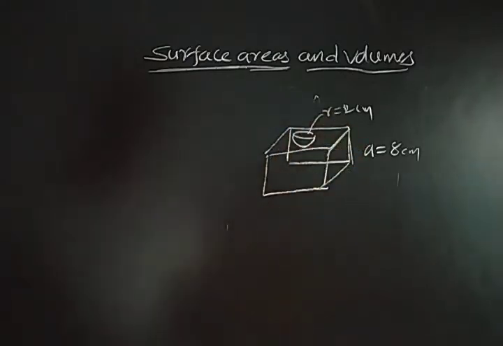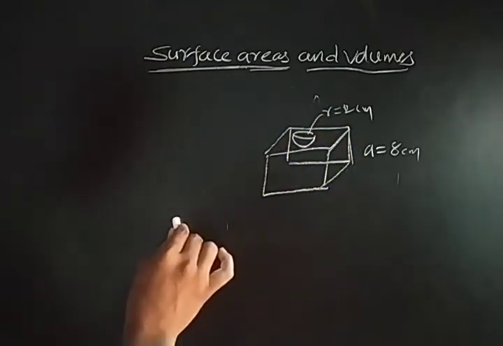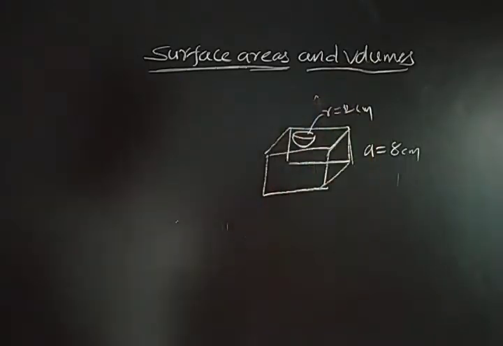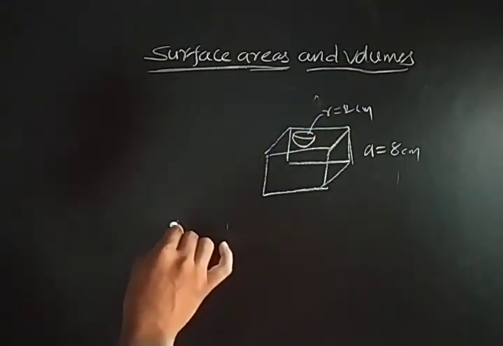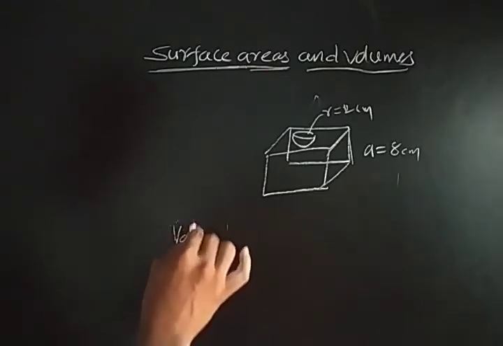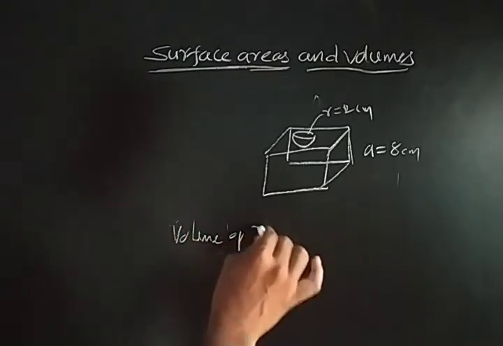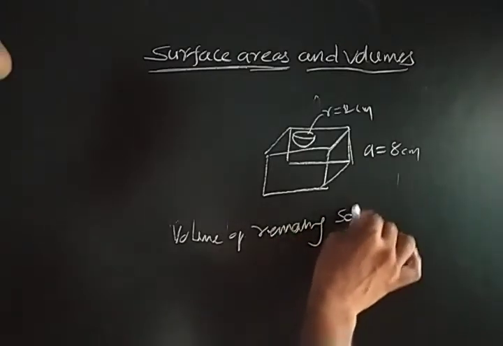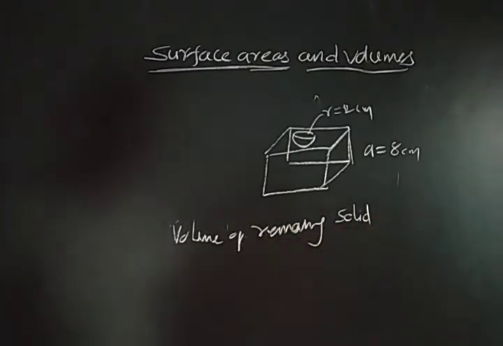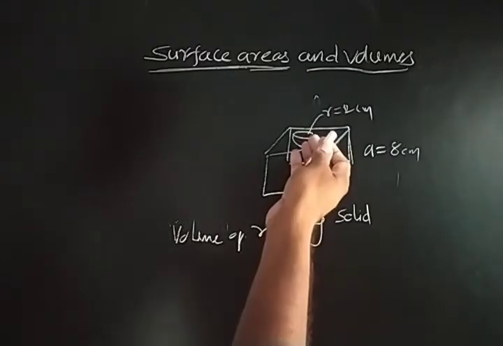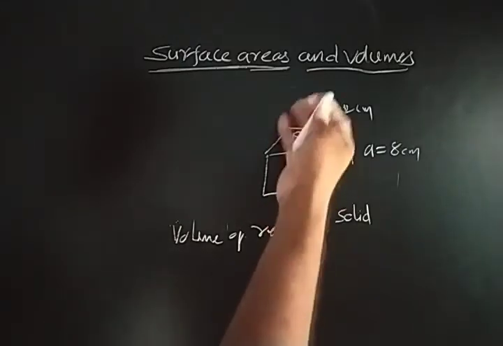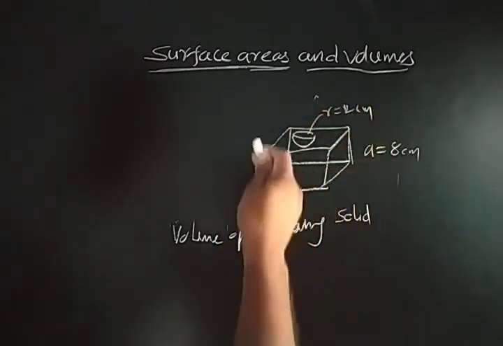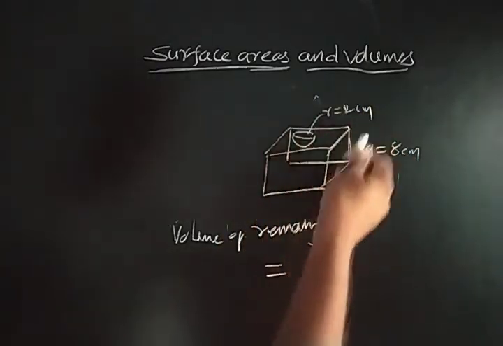So to find the remaining solid figure after scooping out this hemisphere from the cube, the volume of the remaining solid after taking out the hemisphere from the upper part of the cube. First of all, we have the total volume of the cube.